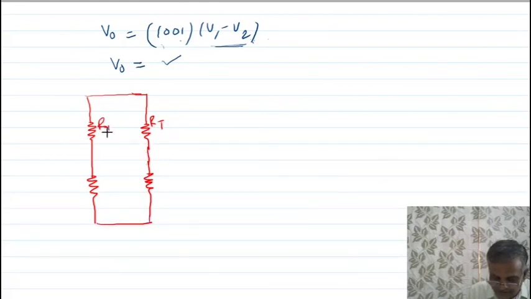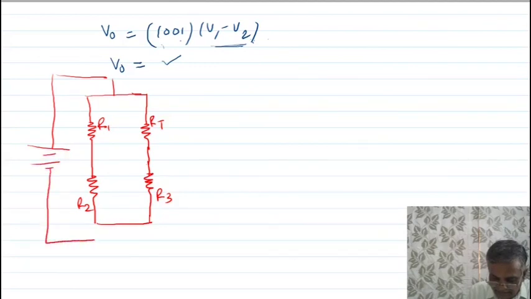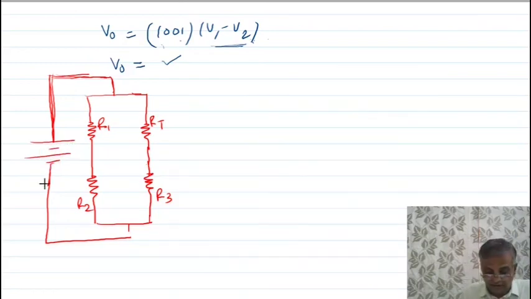This is resistance R1, R2, R3, and to this bridge I am giving some supply.